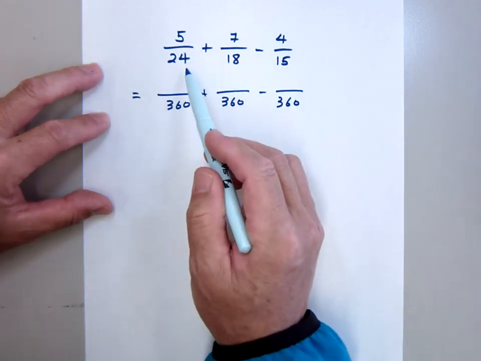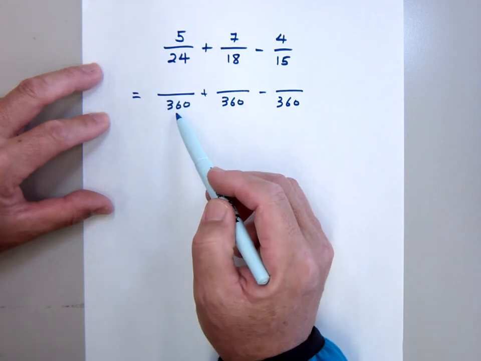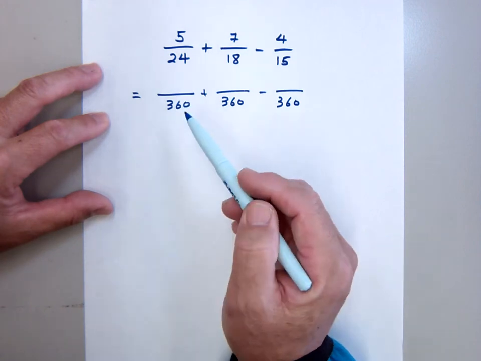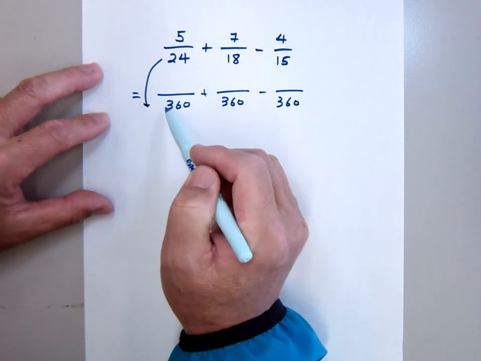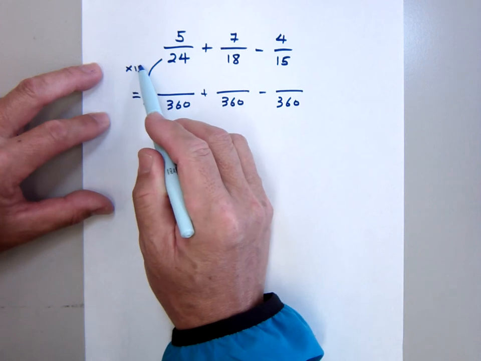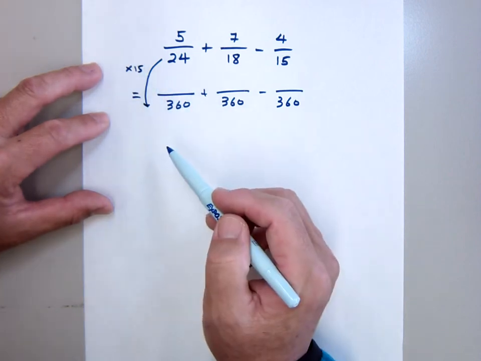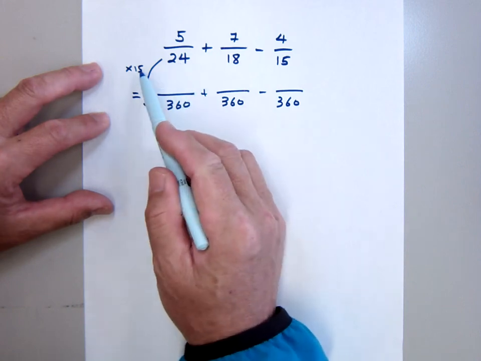So 5/24 can be written as some numerator divided by 360. The basic question we ask is: 24 times what number will give us 360? And the answer is times 15. You can do that by dividing 360 by 24. That will give you 15.